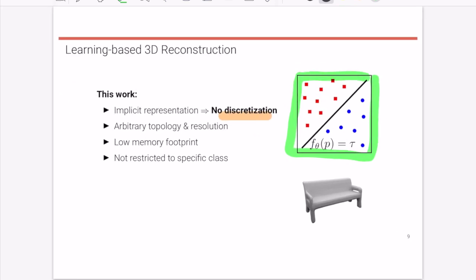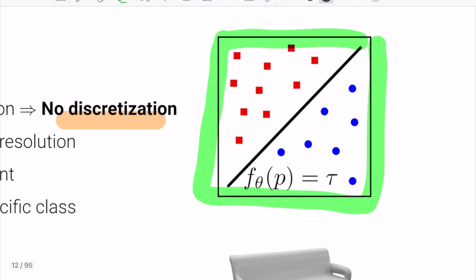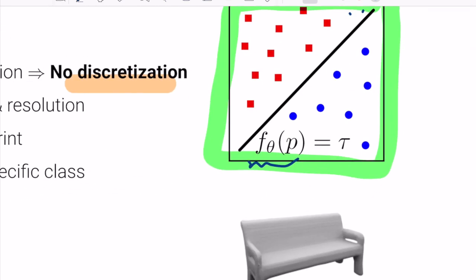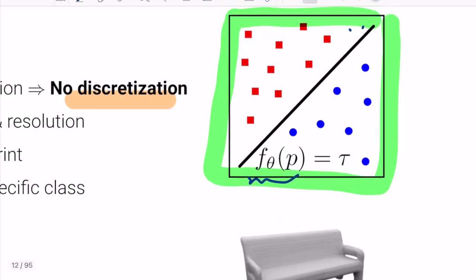In implicit representation, rather than representing each point, pixel, or vertex explicitly, we just learn some function f theta with parameter theta, such that f theta of p, where p is just a position, gives some value, let's say tau.